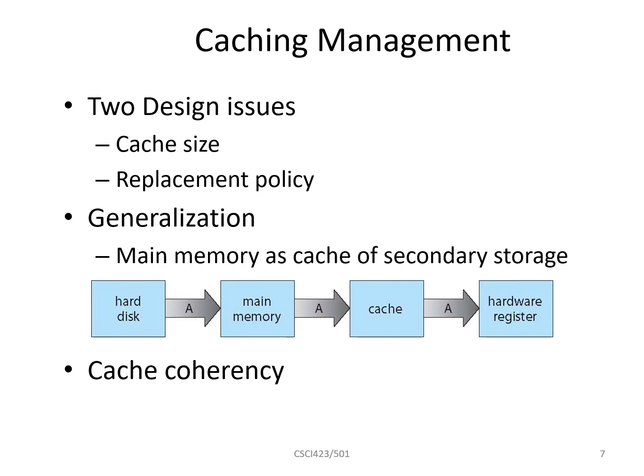So in caching management, we need to consider two design issues. First is the cache size, and the second is the replacement policy. We all know the cache is faster than the original storage. However, it is more expensive, so it is often smaller in size. Then, how much size do we need?